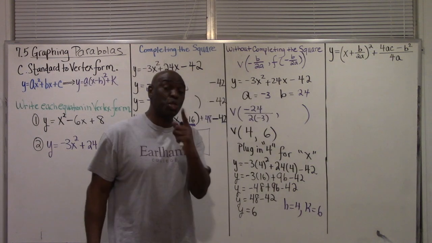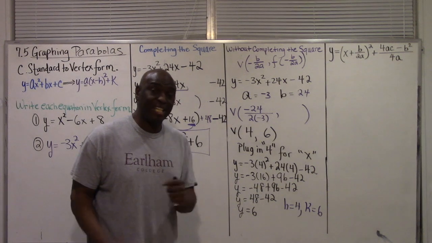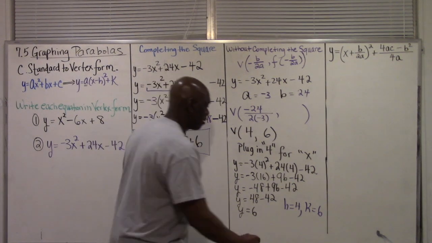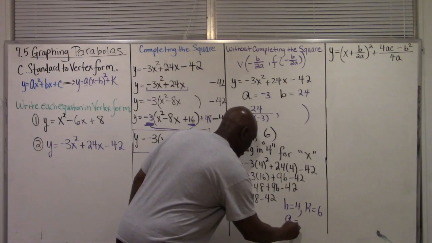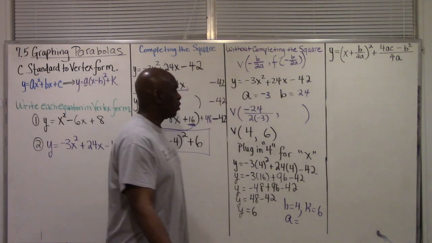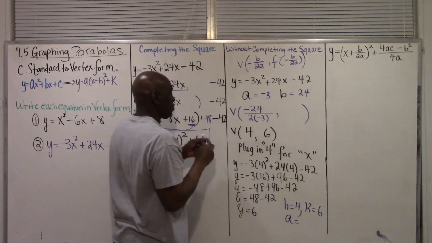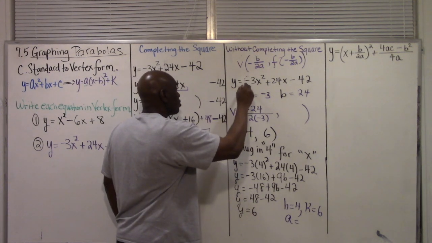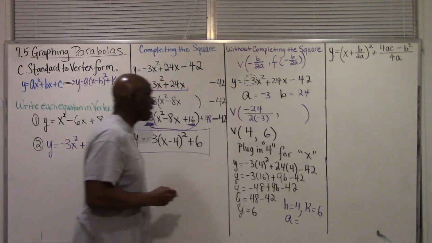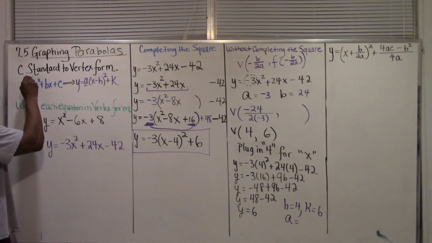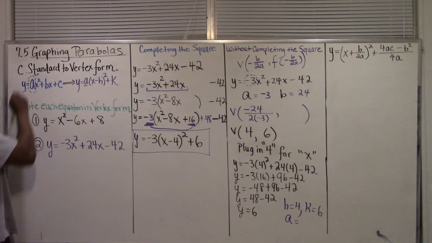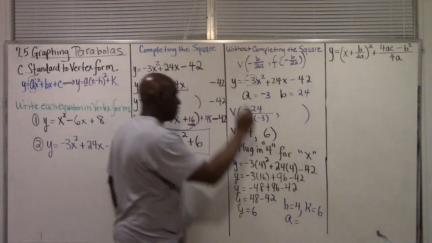And whatever you do, do not forget A. A equals what? You can pick up the A from right here. That's what A is. This is your A. See that? That's A. Here's A. A is negative 3.